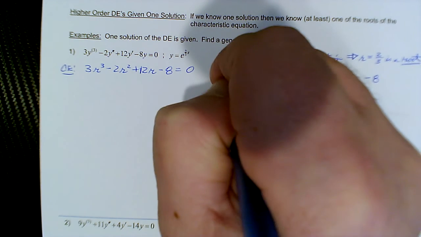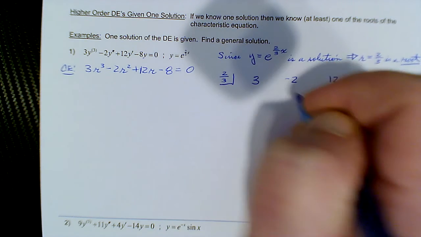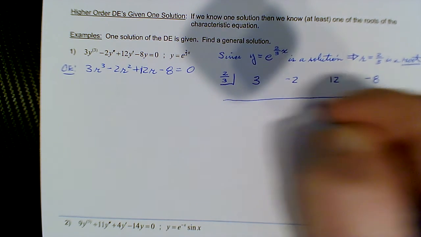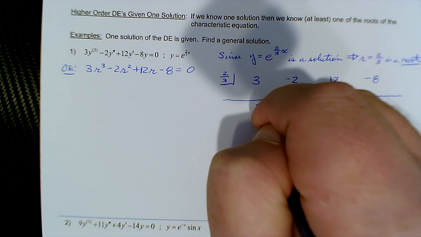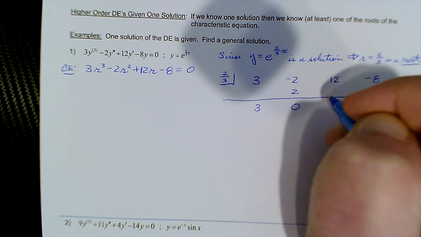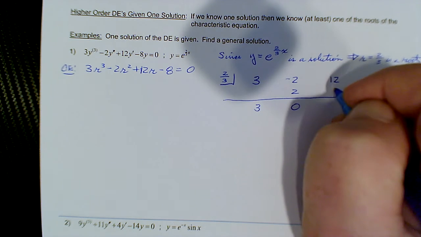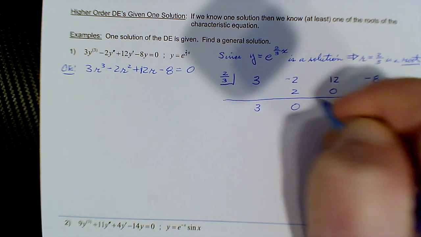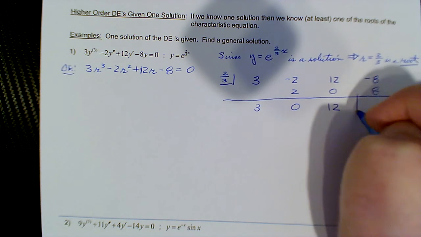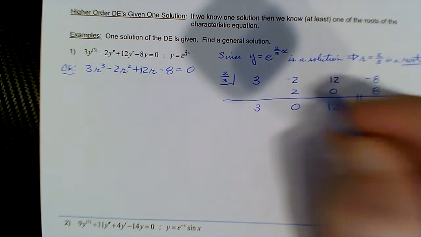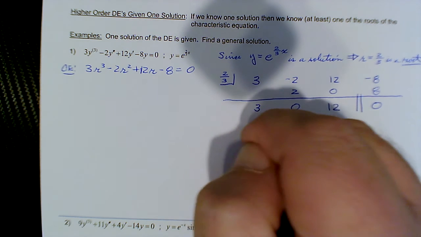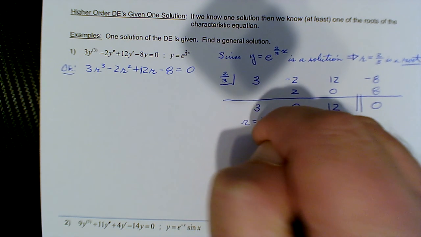I'll put my root, little box to the left, space for some entries, my addition bar, bring down the 3, times the 2/3, so 2/3 times 3 is 2, gives me 0 here, 2/3 times 0 is 0, get 12, and 2/3 times 12, 3 goes into 12, 4 times 2 is 8, and as we would expect, because we're told we know 2/3 is a root, we get a 0 here.